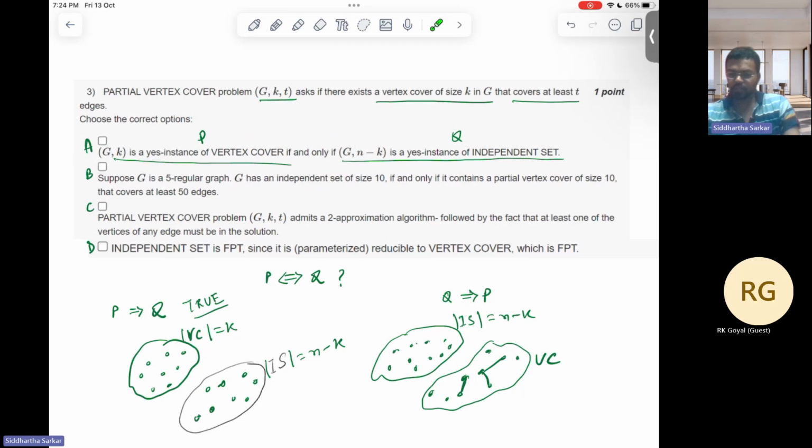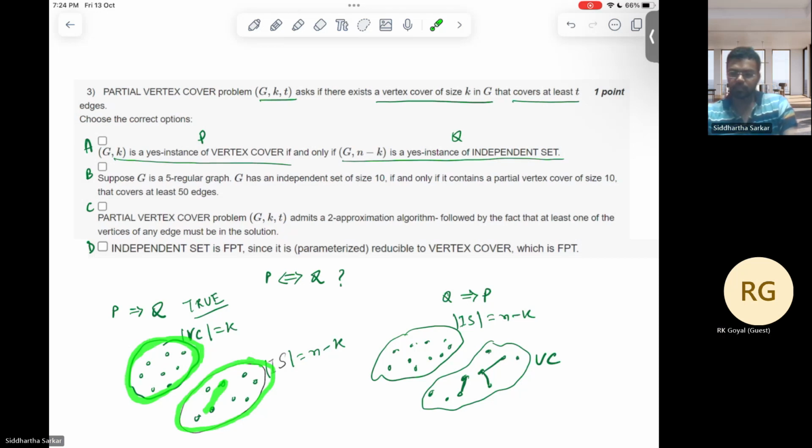We said that if you have a graph and you consider a vertex cover, then the vertices which are not in the vertex cover form an independent set. Because if there was an edge between two vertices outside of the vertex cover, that edge is not covered, which contradicts the definition of vertex cover.